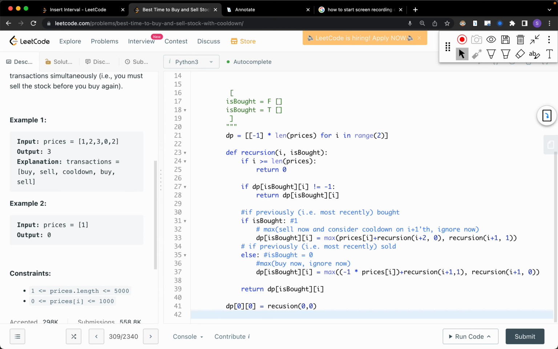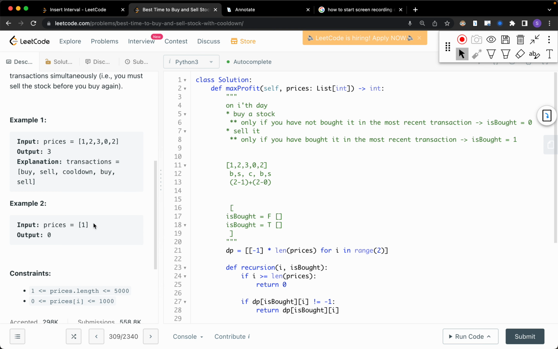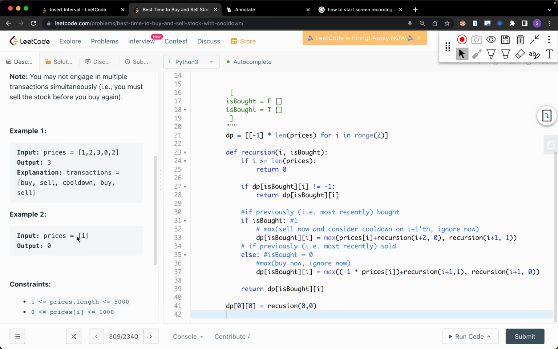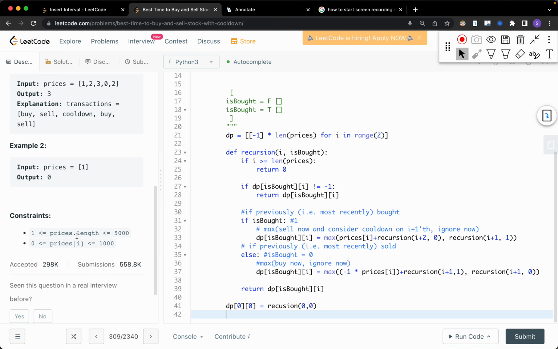And also, we can see that if we don't have any value, like if our value is -1, let's say, even after performing this recursion function, if our dp of 0, 0 value still says -1, then we can say that there is no profit that we can gain.